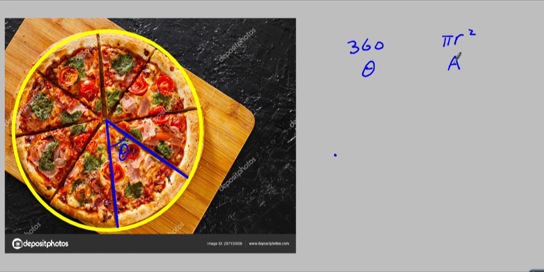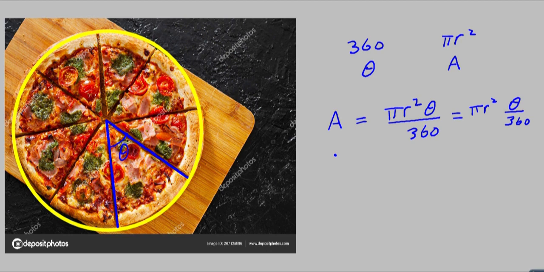So it can be seen that the area of the sector is equal to pi r squared theta divided by 360, which in turn, in much the same way, can be thought of as the area of the circle, which is pi r squared, times a fraction equal to the fraction of this angle compared to the full revolution.